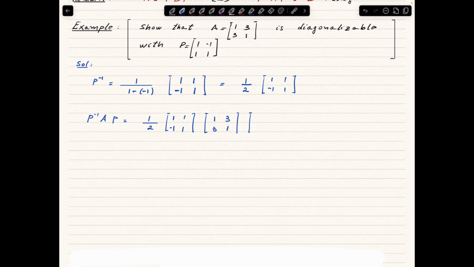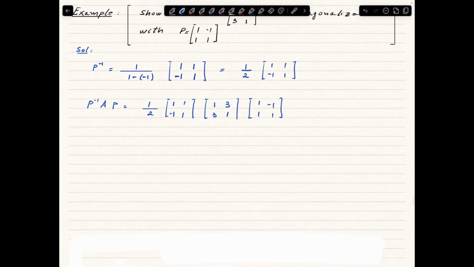And then the original matrix P, which is 1, 1, negative 1, 1. We are claiming this is the right matrix P. And now we have to do a product of 3 matrices. The order in which we do the product is not important. This one first, and then the product of that, or this product first and then we product with that, is the same thing. The product is associative. So let's do the product of these two first.